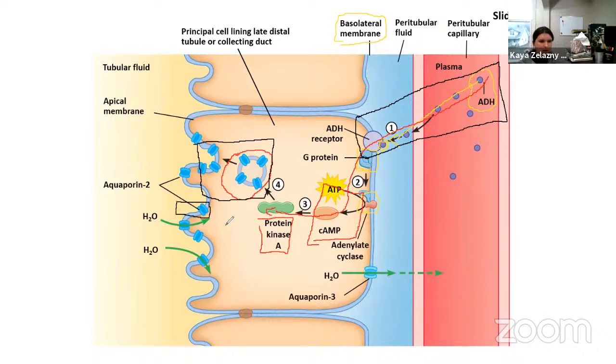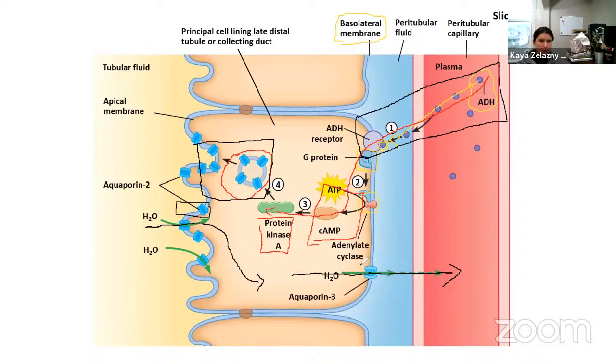Now when aquaporin II is present, water is able to flow through the cell, right? So water goes through these aquaporin IIs that we just inserted, right? So now it's in the cell. And then water, once it's in the cell, passively flows down its gradient into the peritubular fluid and ultimately into the plasma on the other side.